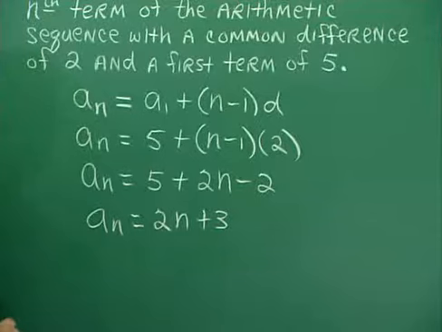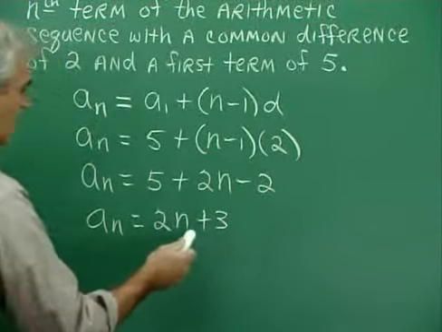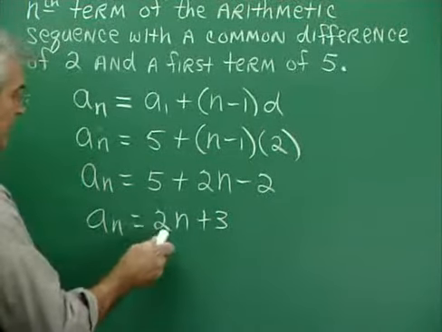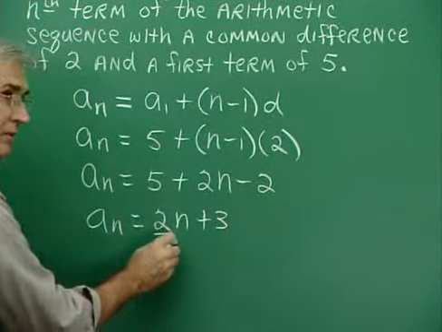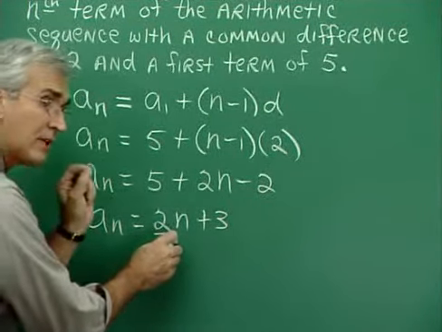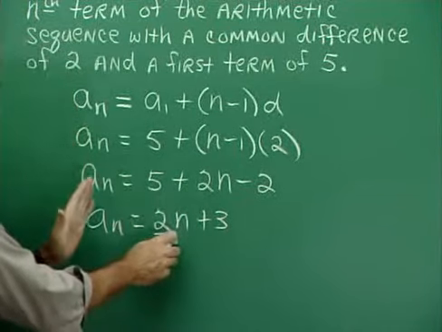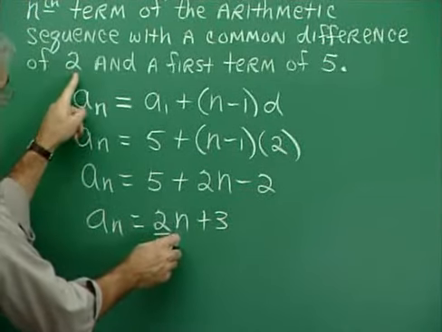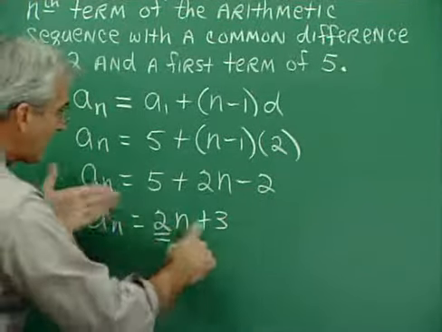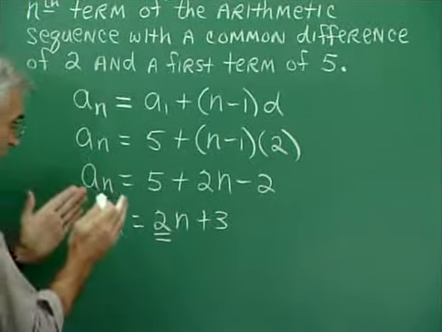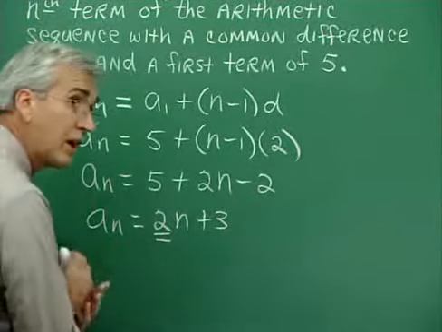One important aspect of this expression: when we can see a distinct coefficient of the counting mechanism, it turns out that that coefficient of the counting mechanism is the common difference involved in the sequence. Now we're told that the difference is 2 here and we have a 2 here. But if we're not told, if we have an expression, then that coefficient of the counting mechanism will be the common difference.